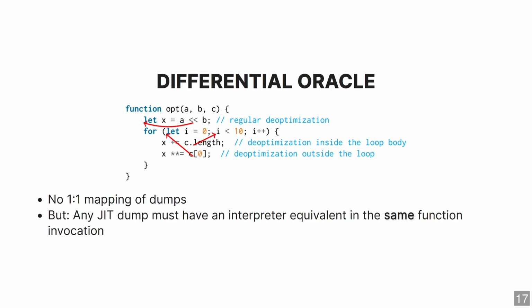But just the fact that the VM state is the whole state of the program, and a fuzz case is by definition terminated, means the fuzz case never had a repeated value of the VM state, because the VM state is the whole state of the program. So it ended up being enough to just check all the JIT dumps and see if they have a dump in the same function invocation. Yeah.